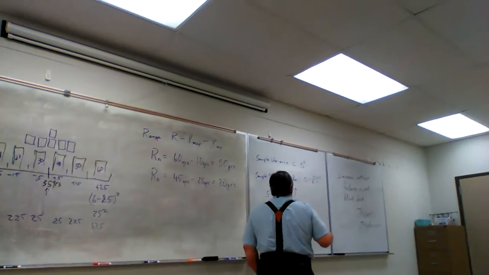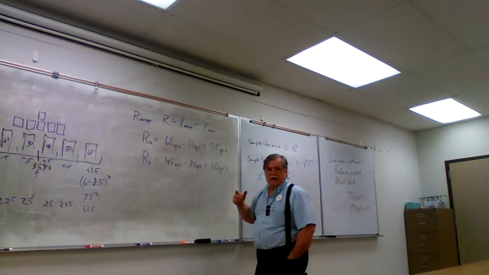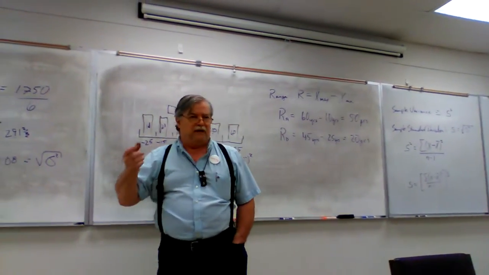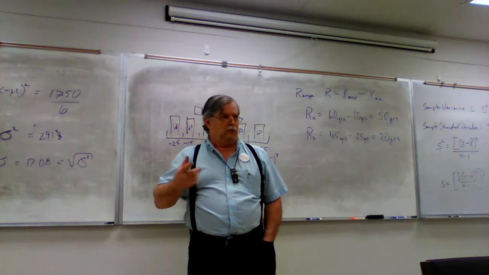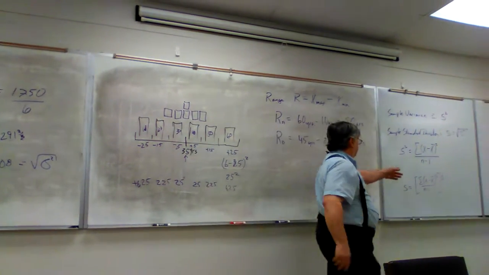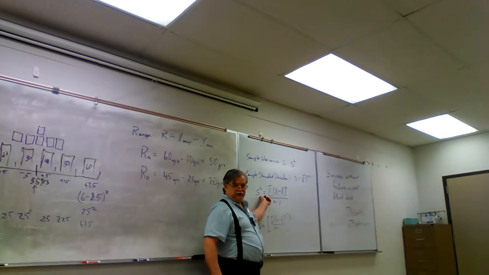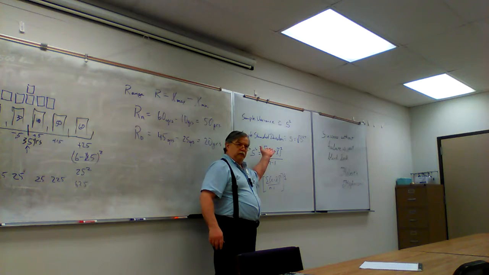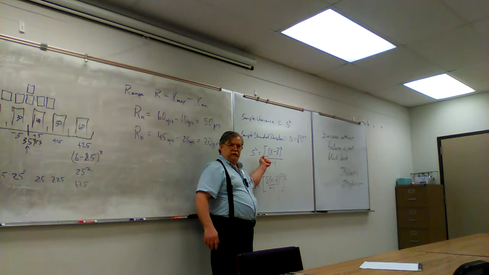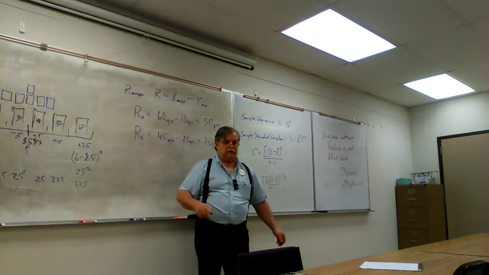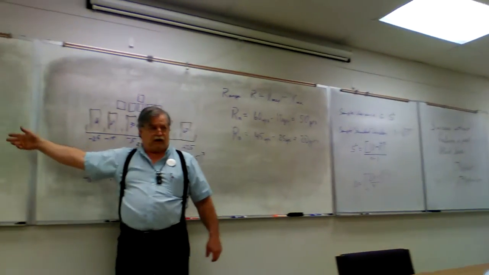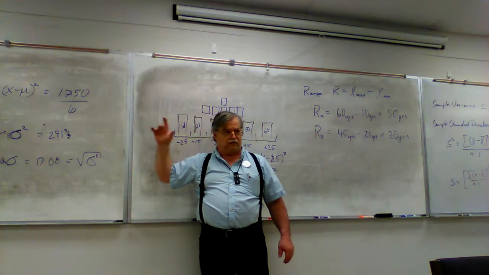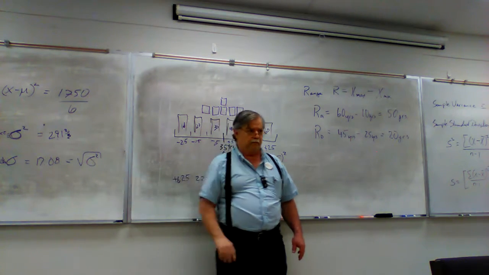So, instead of dividing by n, we divide by n minus 1, which means this statistic becomes a little bit bigger than it would have been otherwise. And that corrects for the fact that we're dealing with the squares of these deviations, not the deviations themselves.